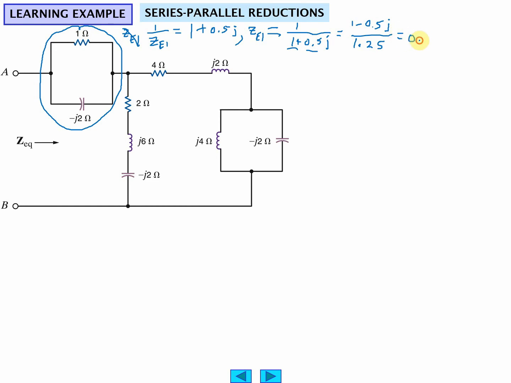So that equals 0.8 ohms minus 0.4 J. That's the impedance of this little part.